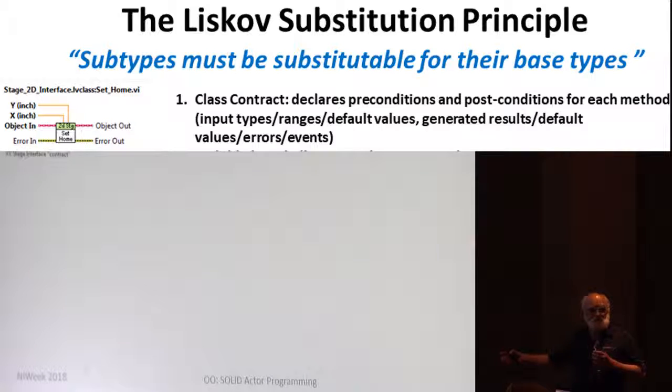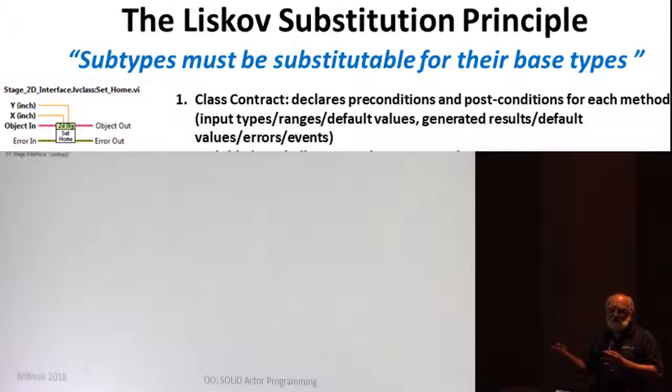This is a contract, like, for example, which errors it returns. Maybe it generates some events. That's a contract. So the principle says subtypes, child classes, must be substitutable for their base types. So they need to fulfill the interface contract.